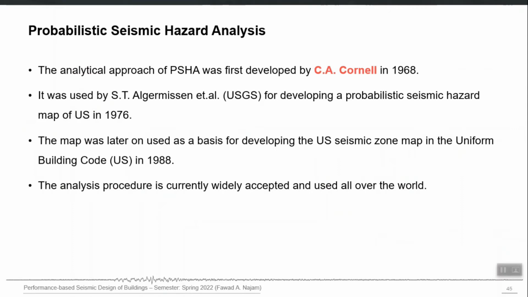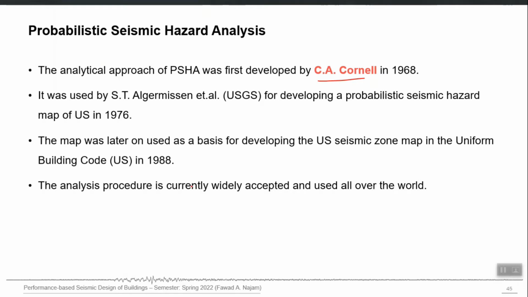This method, a quick history: originally it was developed by C.A. Cornell, Alan Cornell, in the late 1960s, and then this idea was used by Professor Algermissen for developing the first ever PSHA maps for the US.